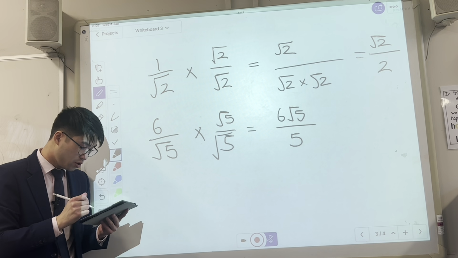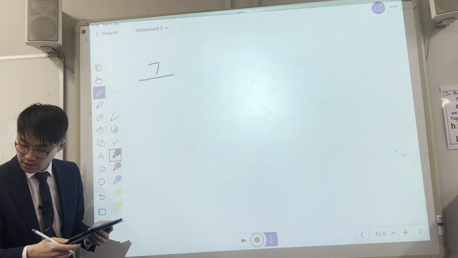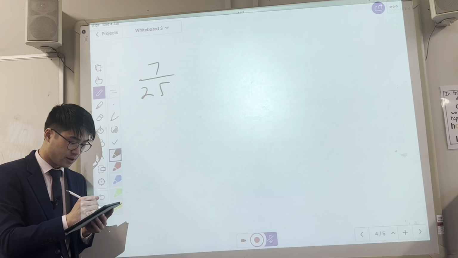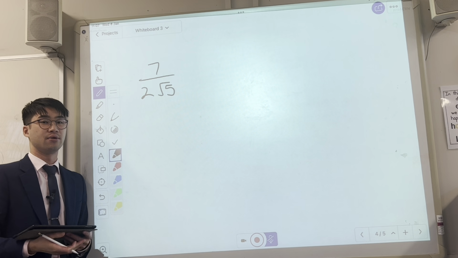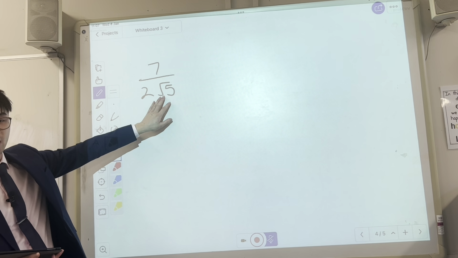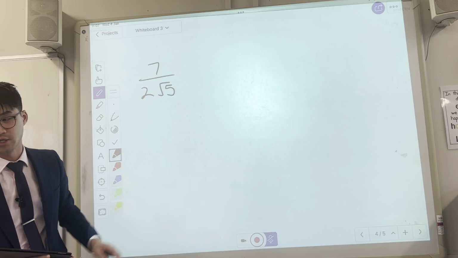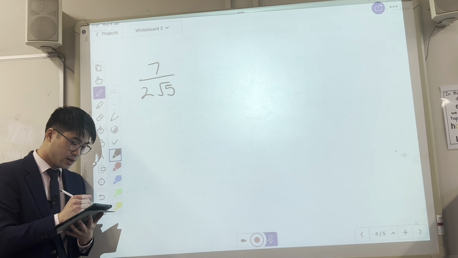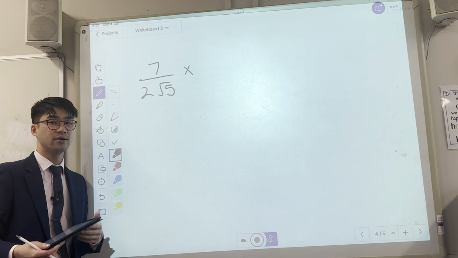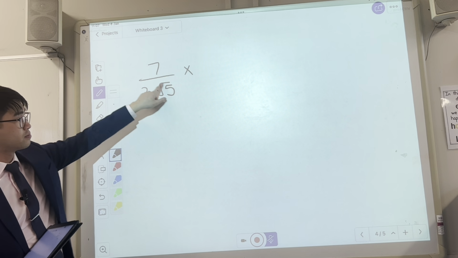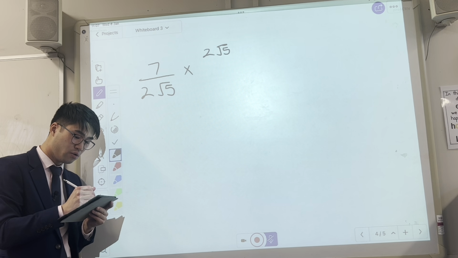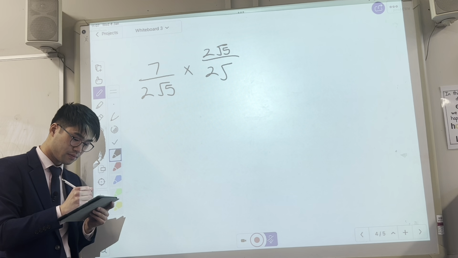Next one then, we'll do another one that's slightly different. So 7 over 2 root 5. Can we get this down then? We're going to try and rationalize the denominator of this fraction. Now, what we can do is times by the denominator, so 2 root 5 over 2 root 5.